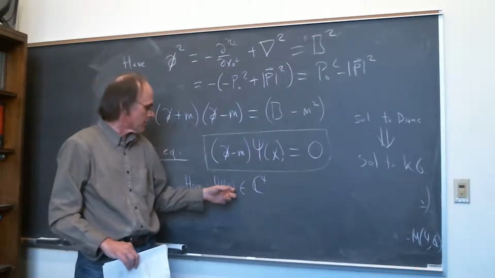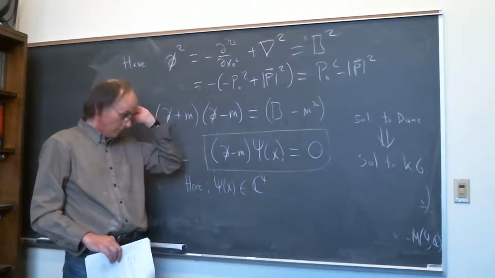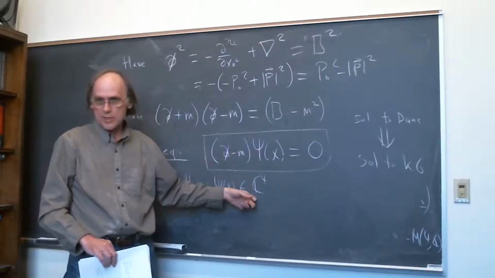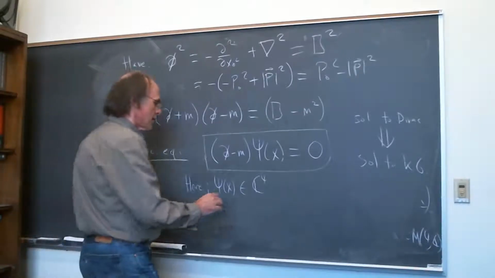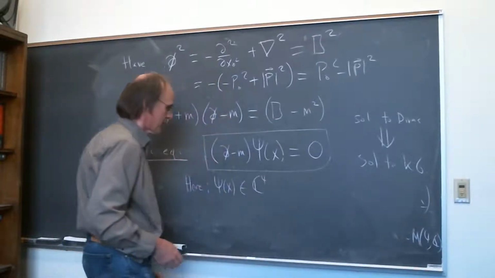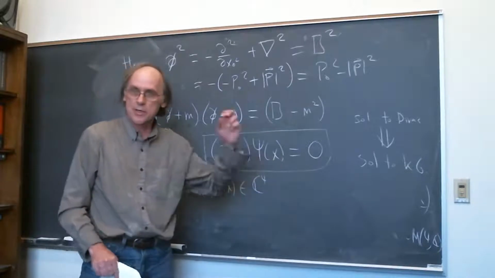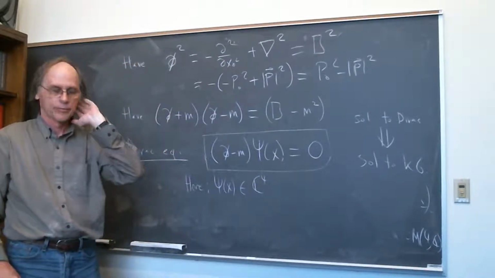So you should think of it as functions that take values in C4. Except there are all sorts of interesting things that happen with reality conditions that I'll try to point out as we go along.